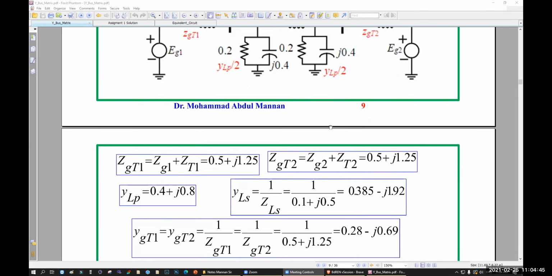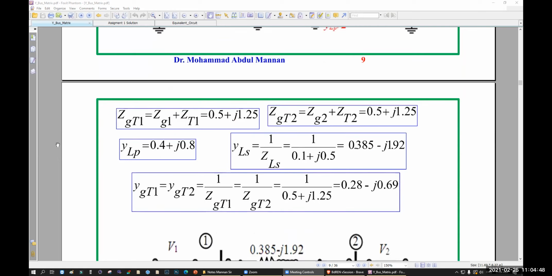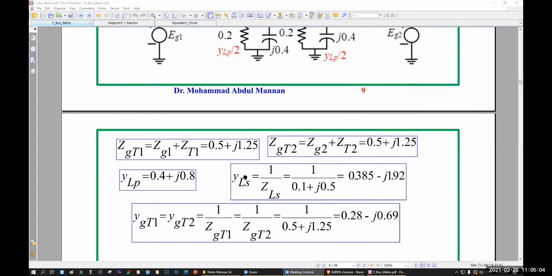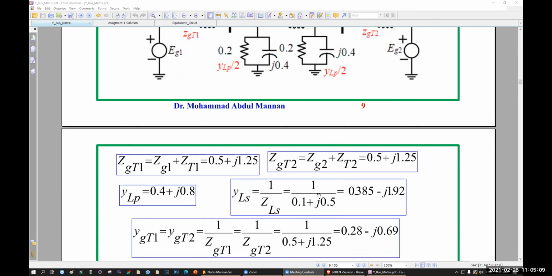These are self-explanatory: ZGT1, ZGT2, YLP, that means the line shunt admittance 0.4 plus j0.8. Your YLS is equal to 1 over ZLS, so the line admittance will be 1 divided by 0.1 plus j0.5. YGT1, the shunt admittance, will be 1 divided by its impedance.